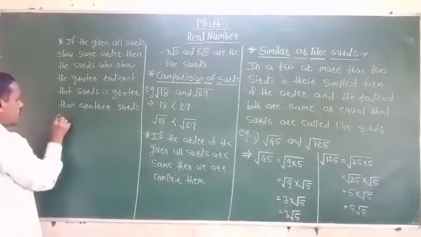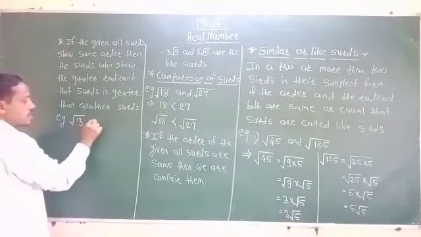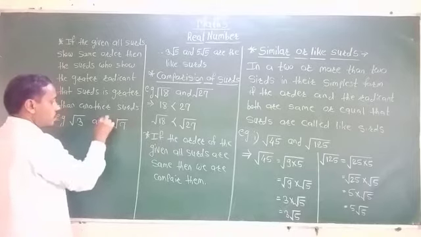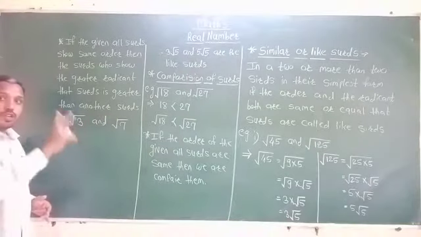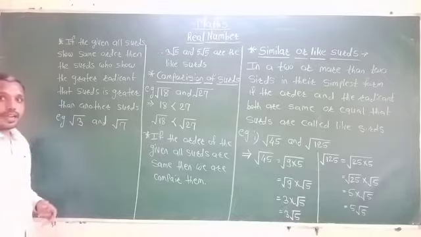We can take different examples. In the first example, we have the surds root 3 and root 7. Both surds show the same order 2. Then we can compare them by the radicand value.